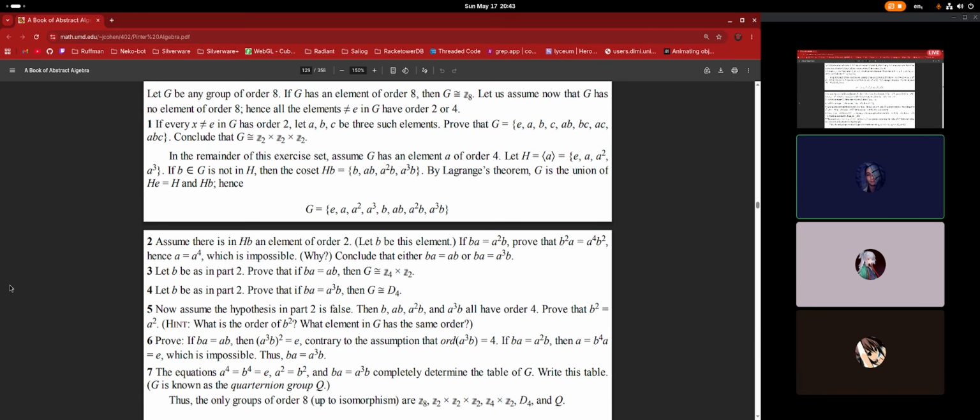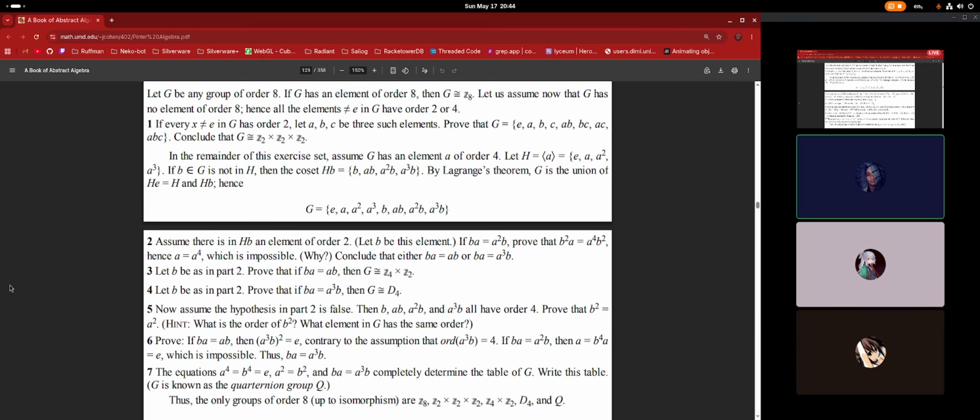Exercise 7. The equations a to the 4 equals b to the 4 equals e, a squared equals b squared, and ba equals a to the third b completely determine the table of G. Write this table. G is known as the quaternion group Q.